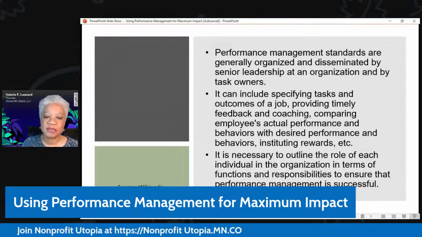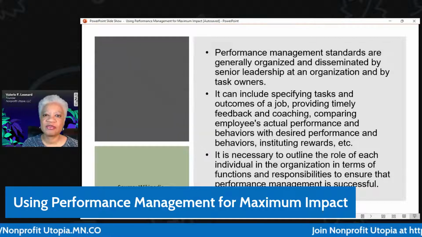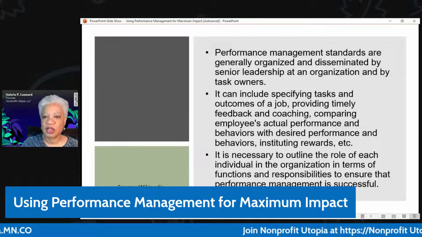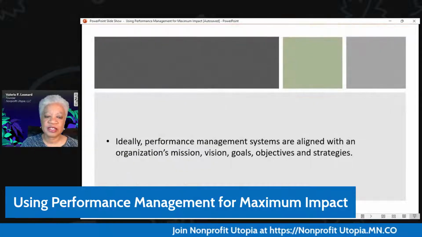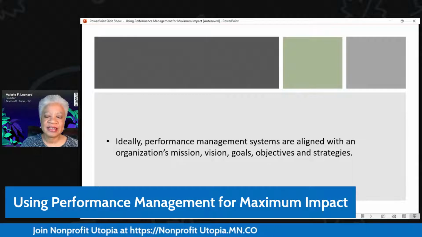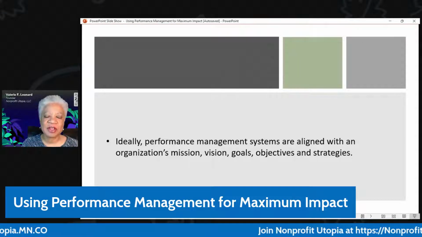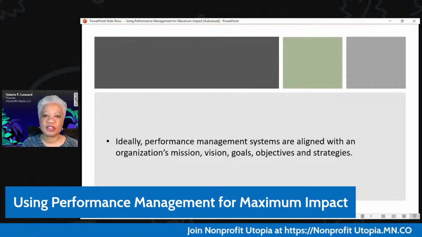And basically, measurements and performance management are necessary to outline the role of each individual and their contributions to what the organization is trying to achieve. And as I said before, ideally, you want to do this after a strategic planning process. You want to have your board members and key staff set the strategic tone.